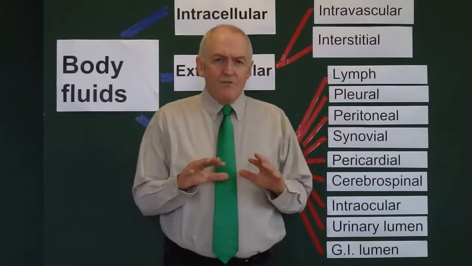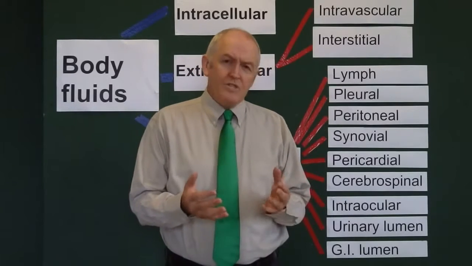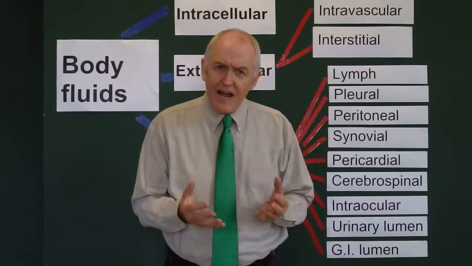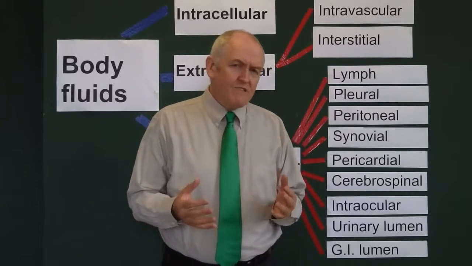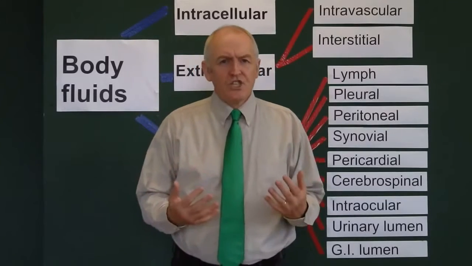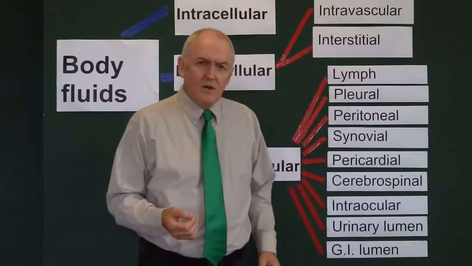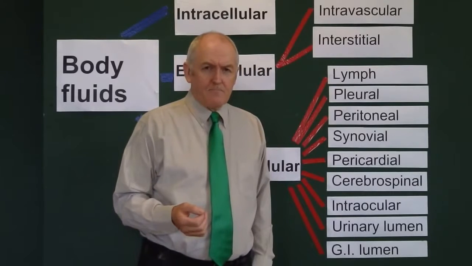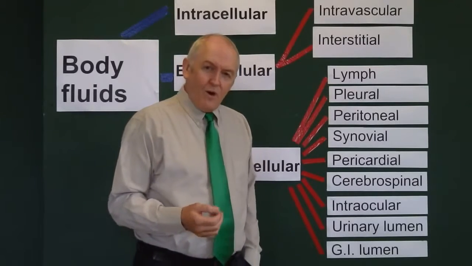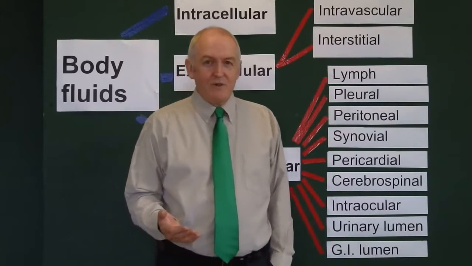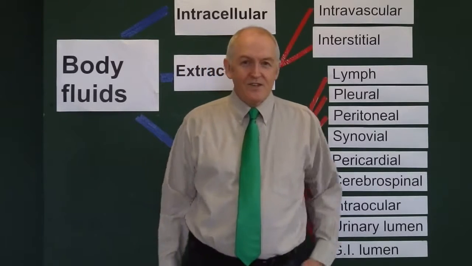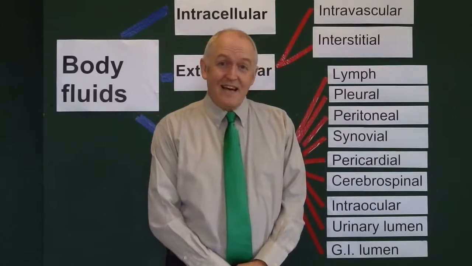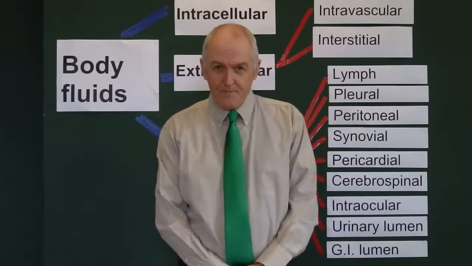But regardless of how much water you have, where is this water? Is it just sort of sloshing around all over the place, or is it well organised? Well, obviously, as you would expect, we're dealing with human anatomy and physiology, so it's going to be well organised and compartmentalised.